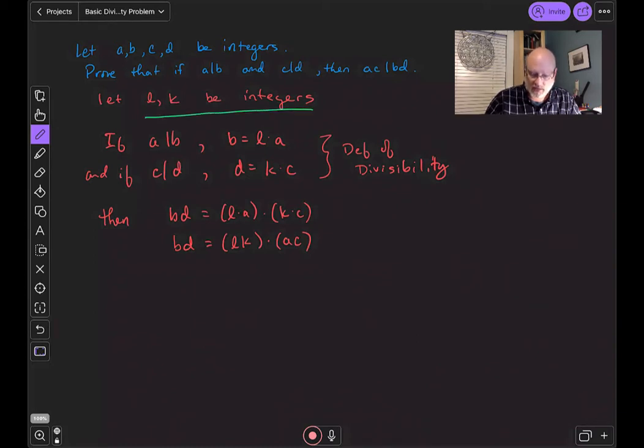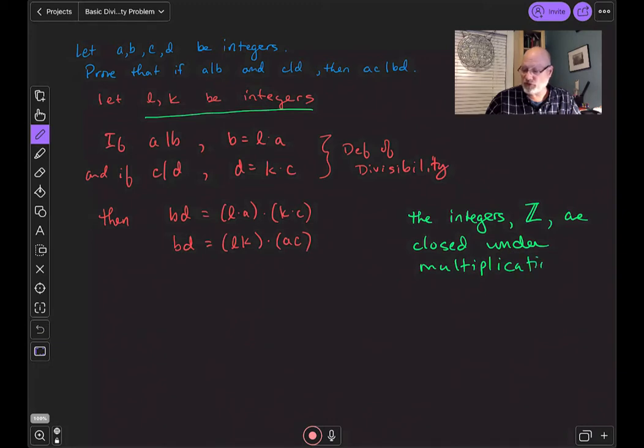And it turns out that the integers, which you may remember we write with that funny Z with the double line, are closed under multiplication. All that means is that if I multiply two integers together, I get another integer.